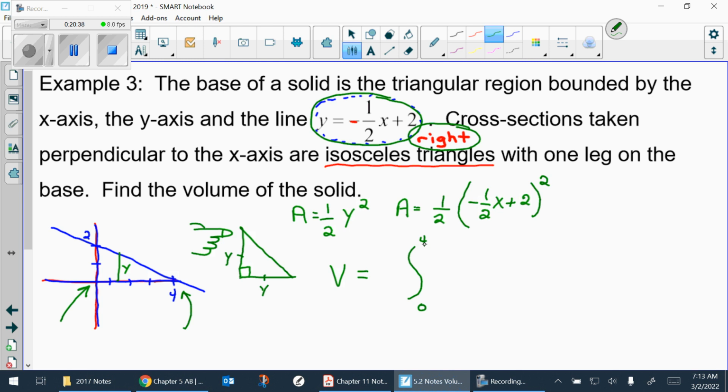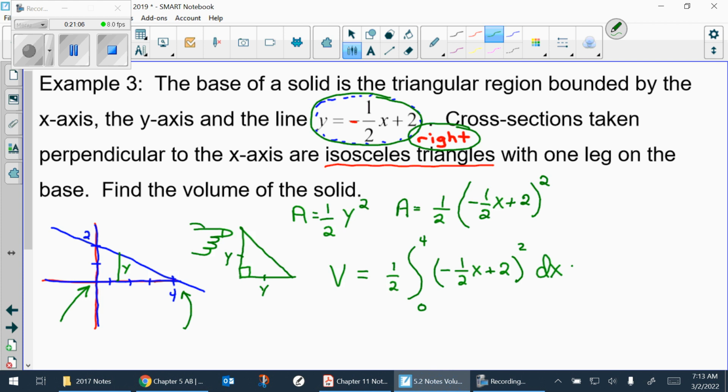As I write my area, and I pull that 1/2 out front, I've got an area of 1/2, negative 1/2 x plus 2 squared. Got to multiply that by my thickness and add an infinite number of those volumes together.